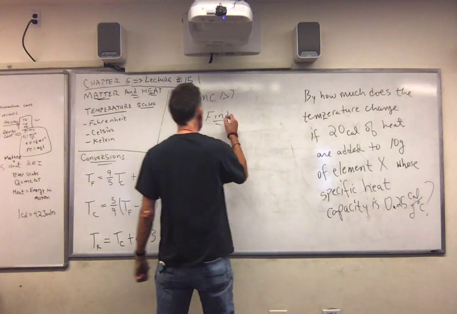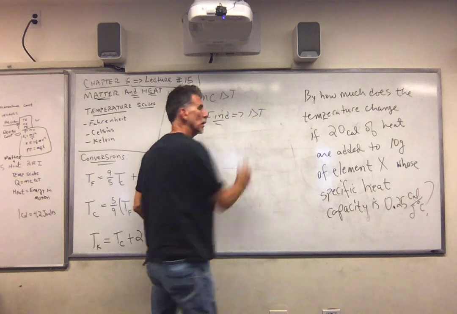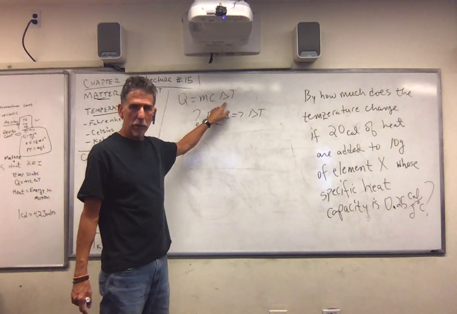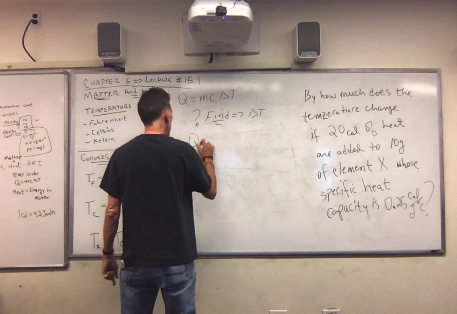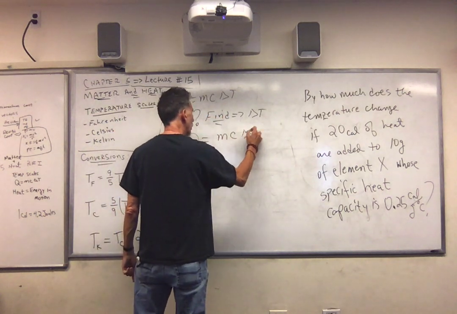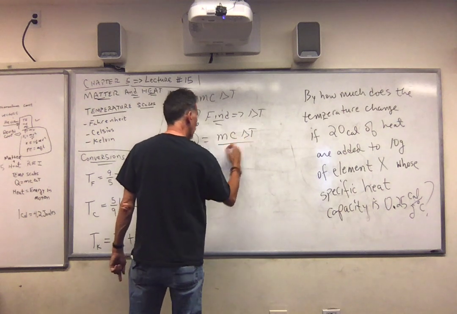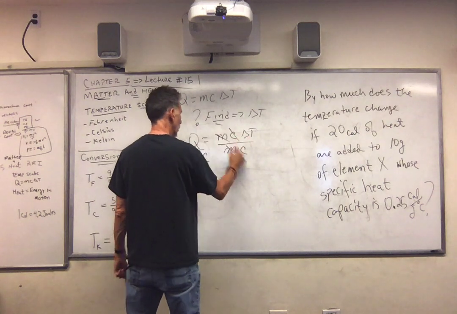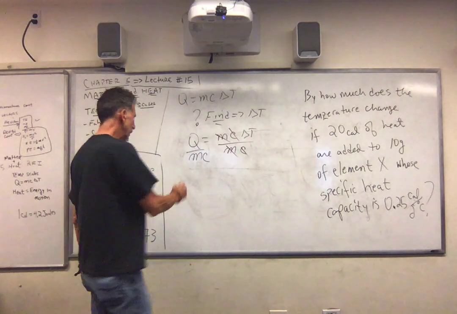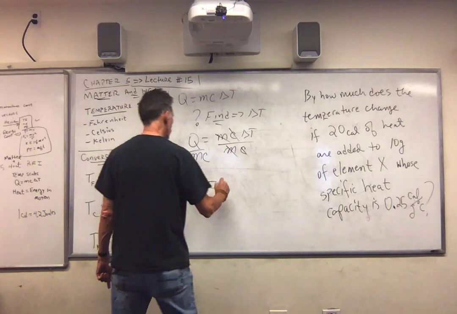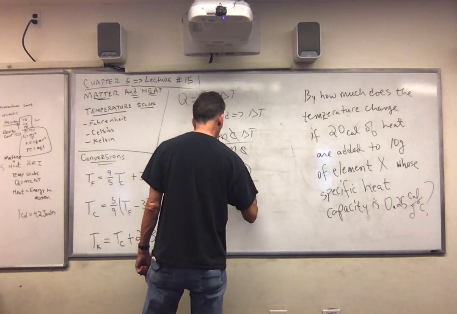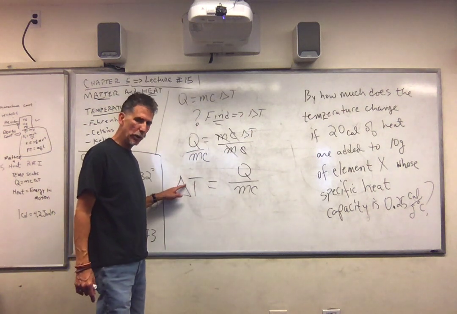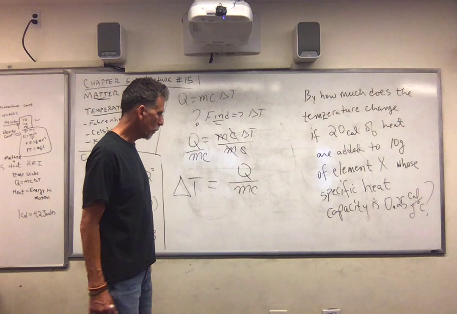So we want to find delta T. And what that means algebraically is we have to solve for delta T. Q equals MC delta T. I need delta T by itself, so I'm going to divide by MC. So we have that delta T is equal to Q divided by MC. The units remaining had better be just the temperature unit, here, hopefully, degrees Celsius.